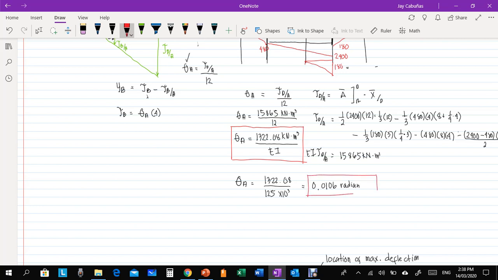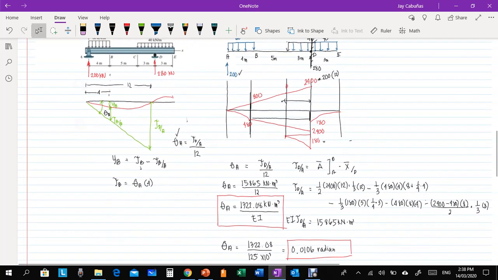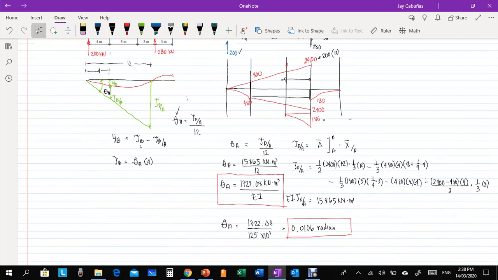Now, what is the direction? Is it counterclockwise or clockwise? Take note, the last time in double integration, this answer was negative, since the rotation is clockwise.